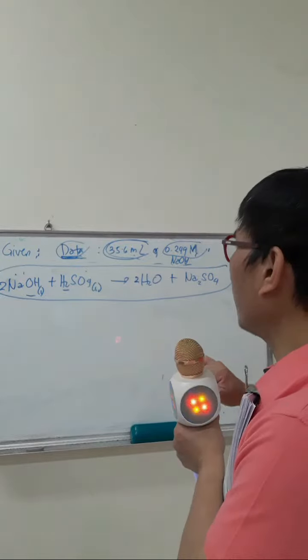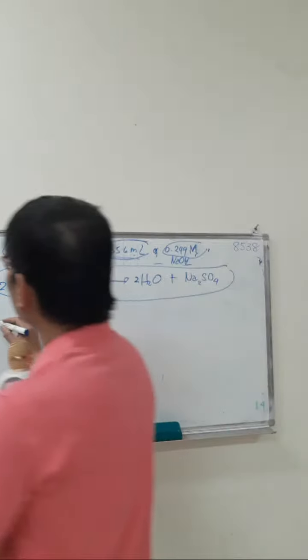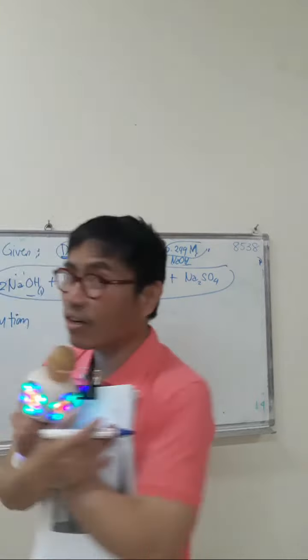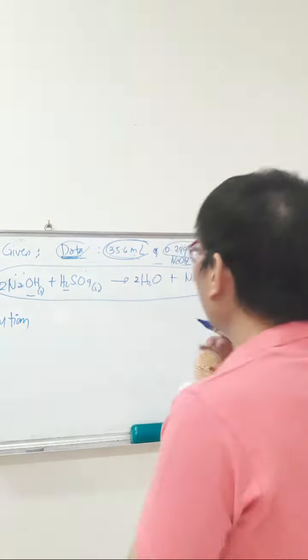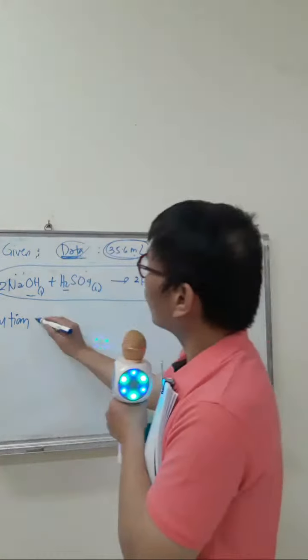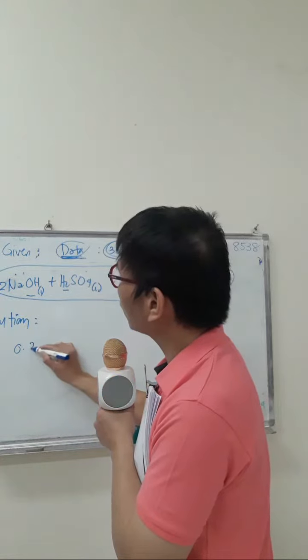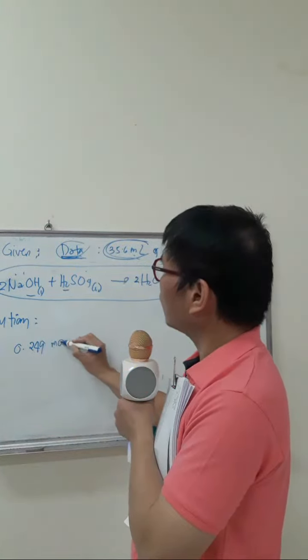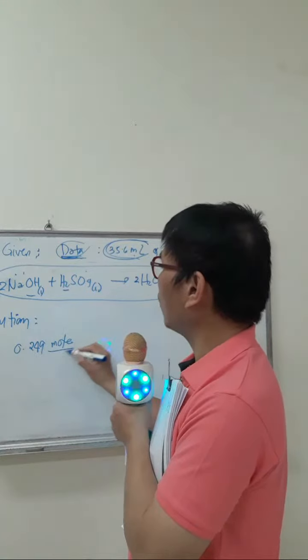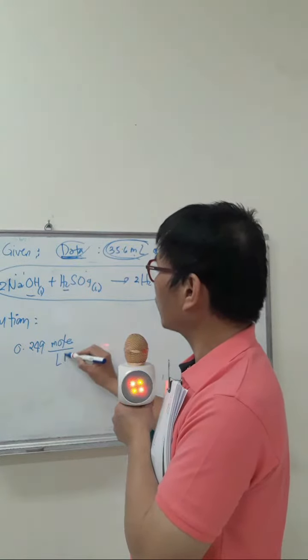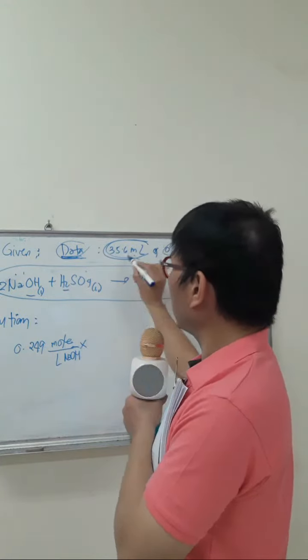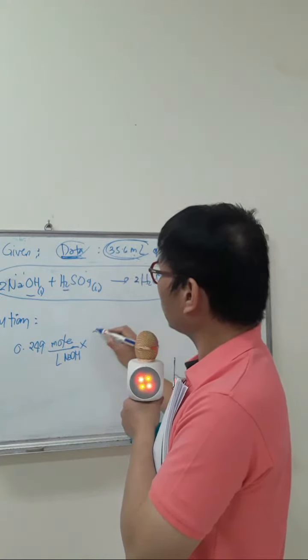Now, how to solve this one? Solution. We have 0.249 moles per liter of sodium hydroxide, and we also have 0.0356.